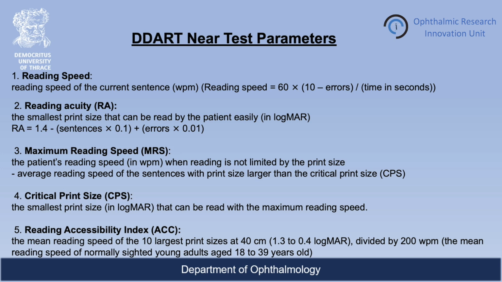Finally, Reading Accessibility Index is defined as the mean reading speed of the 10 largest print sizes at 40 centimeters, divided by 200 words per minute, which is the mean reading speed of normally sighted young adults aged between 18 and 39 years old. This parameter was designed for better evaluation of one's access to text across the range of the 10 most common print sizes found in everyday life.